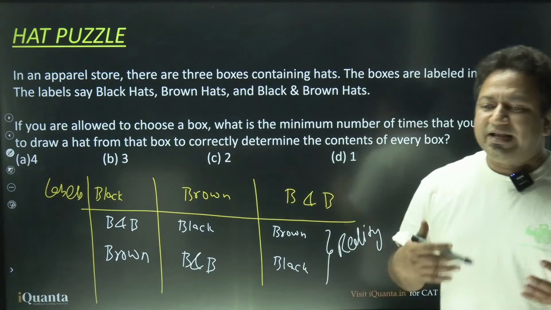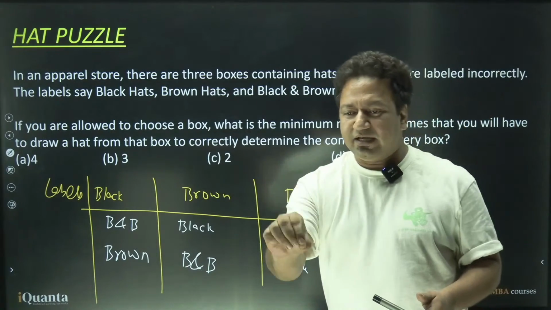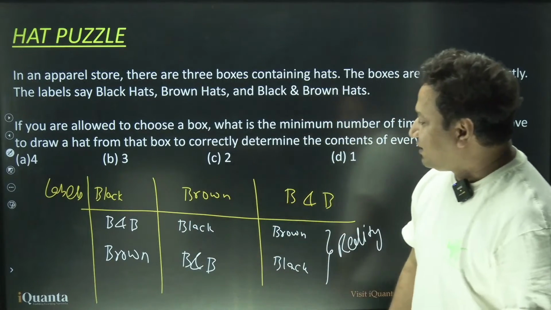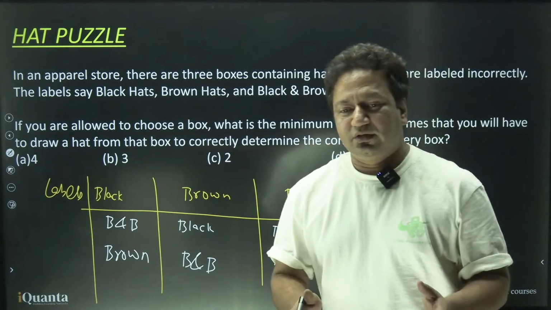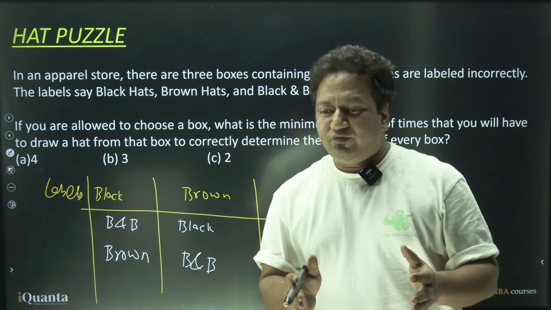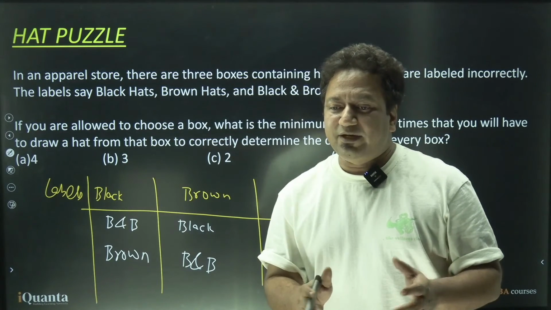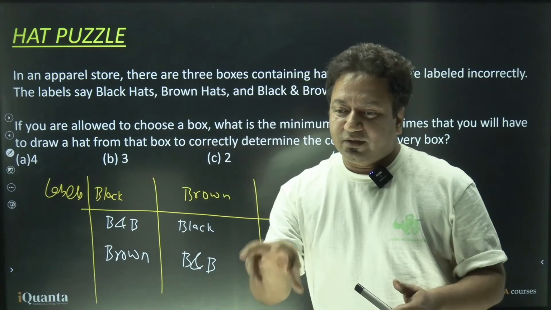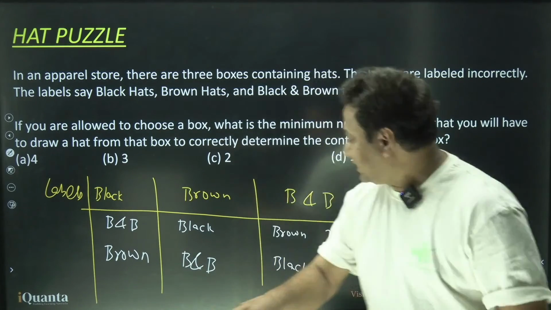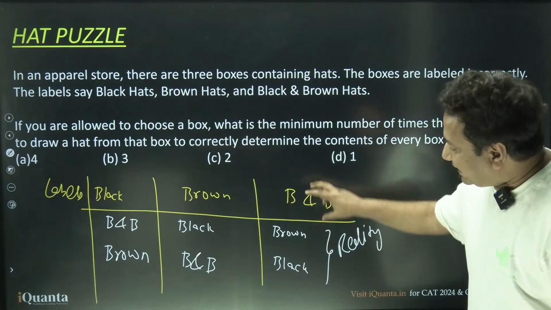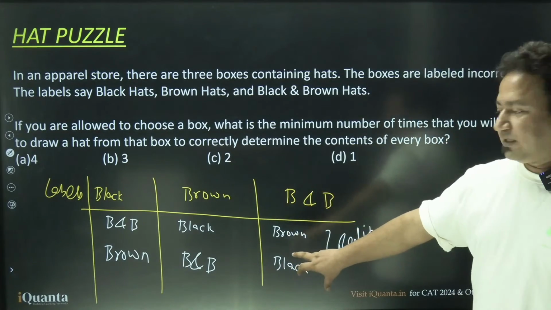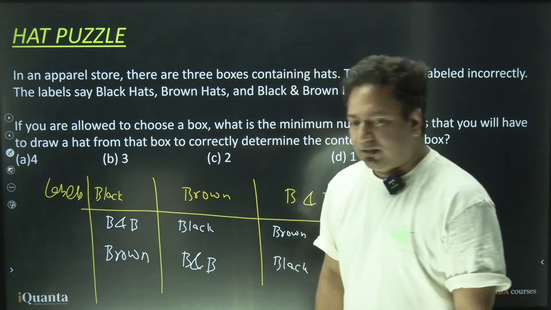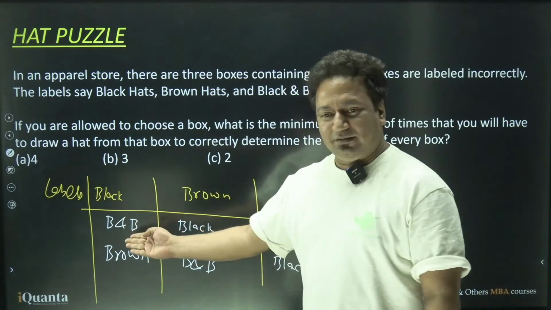Now, as a thinking individual, you understand that there are these two possibilities. So, what are you going to do? In which box, in which label do we have definite possibilities? We have definite possibilities in the third label. It's either brown or black. But here we do not have definite possibilities. If I pick a hat from black, I might get black.